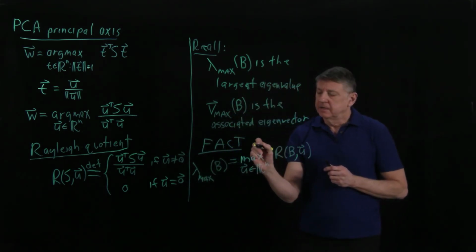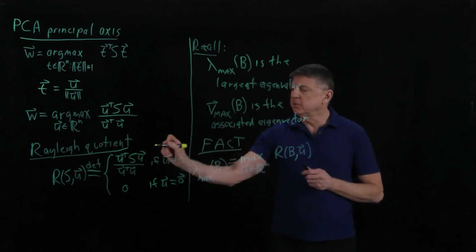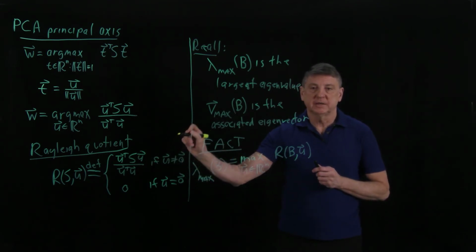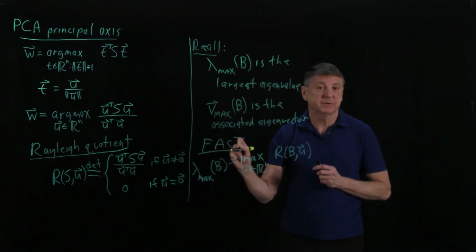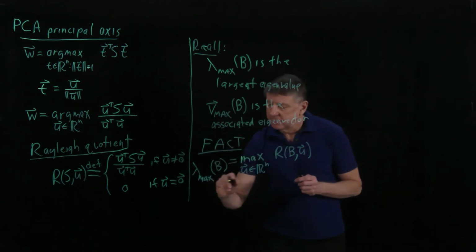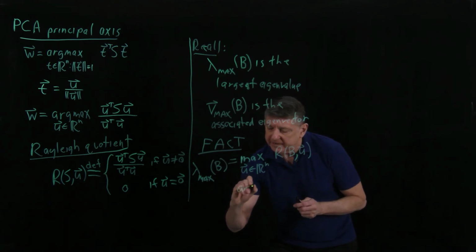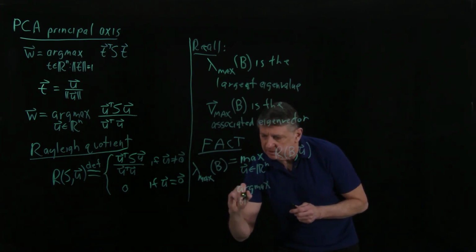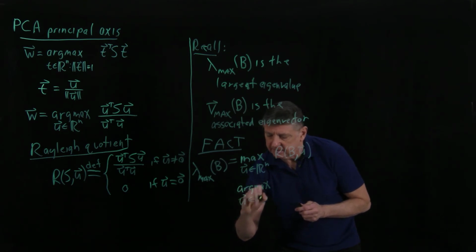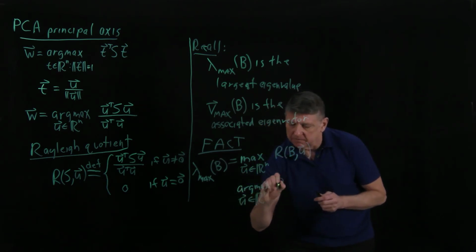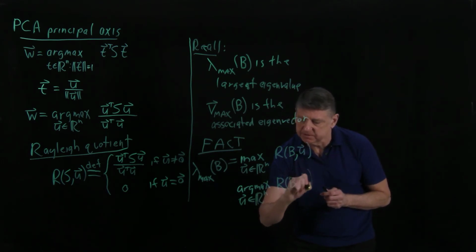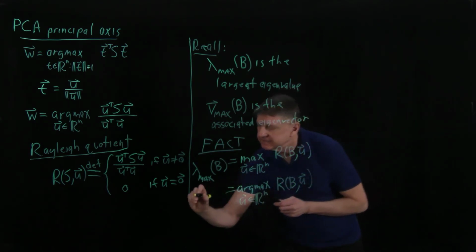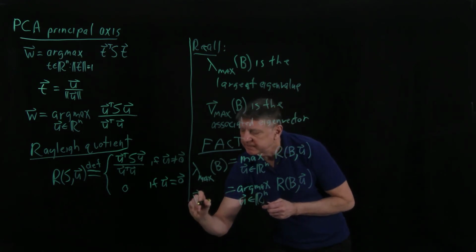That is, the maximum value of the Rayleigh quotient is the largest eigenvalue of this symmetric matrix.